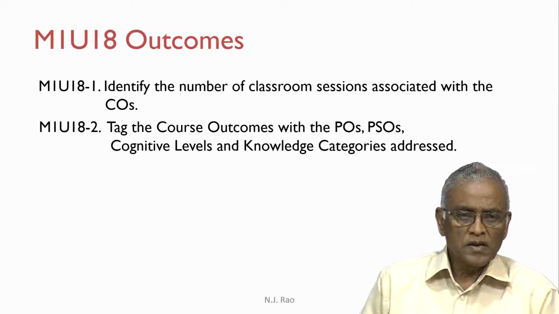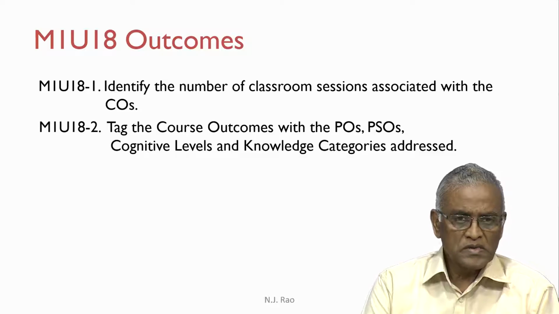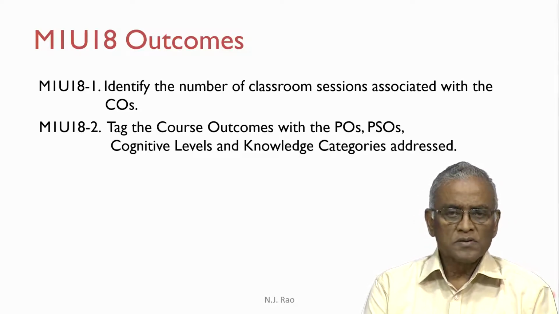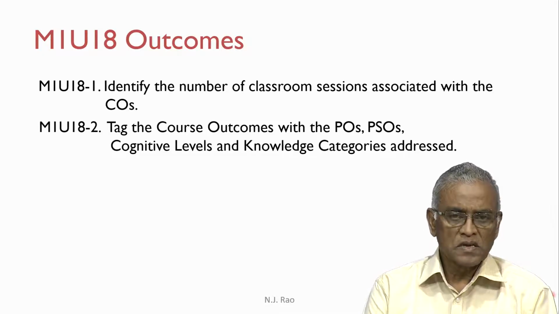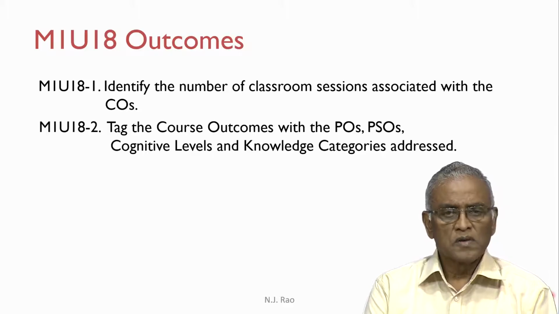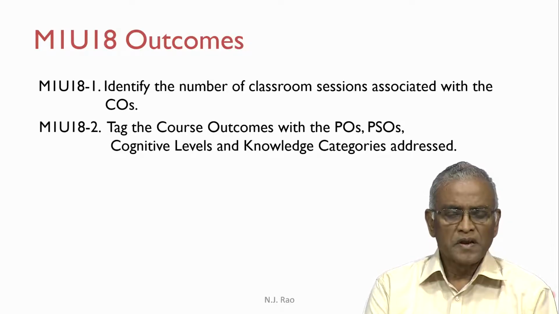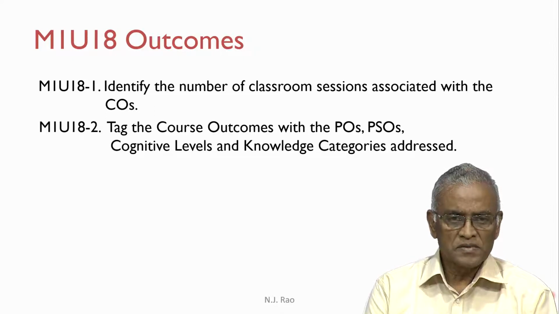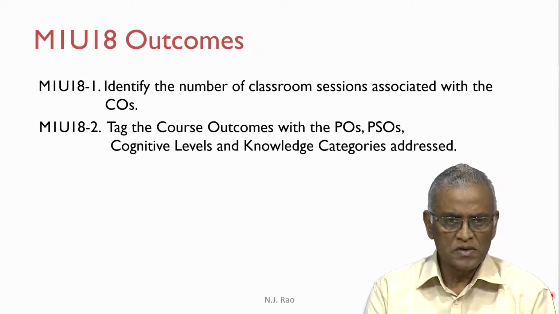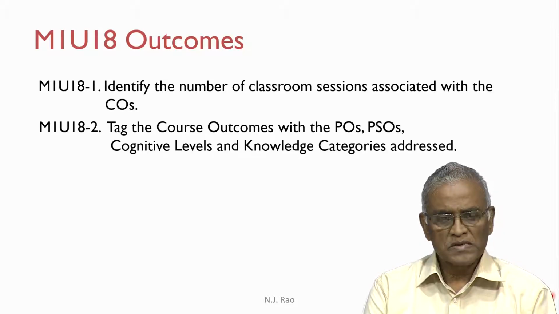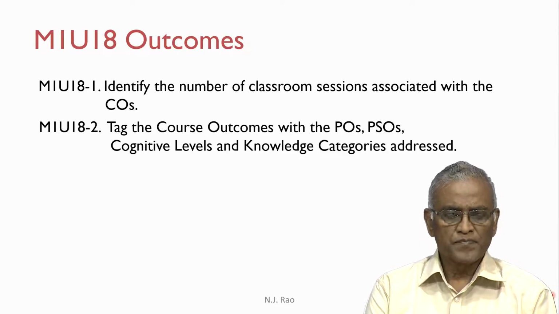Now, having written the course outcome statements, the first thing is, with each course outcome statement we would like to associate the number of classroom sessions that are likely to be required. This need not be very precise, it need not be identified to the extent of minutes and so on, just roughly the classroom sessions need to be identified.